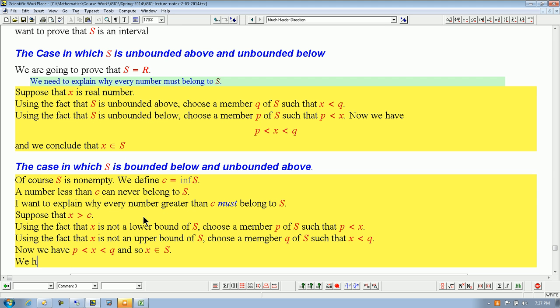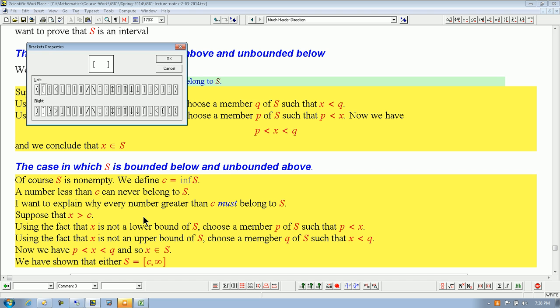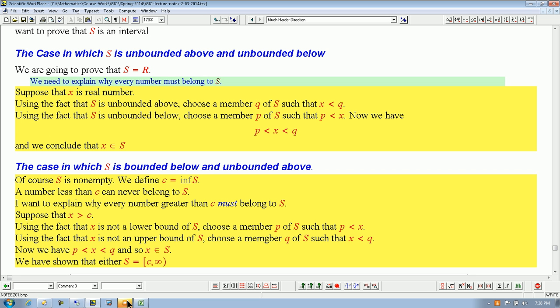We have shown that either S is the set of numbers greater than or equal to C, or S is the set of numbers greater than C, because all numbers greater than C do belong.